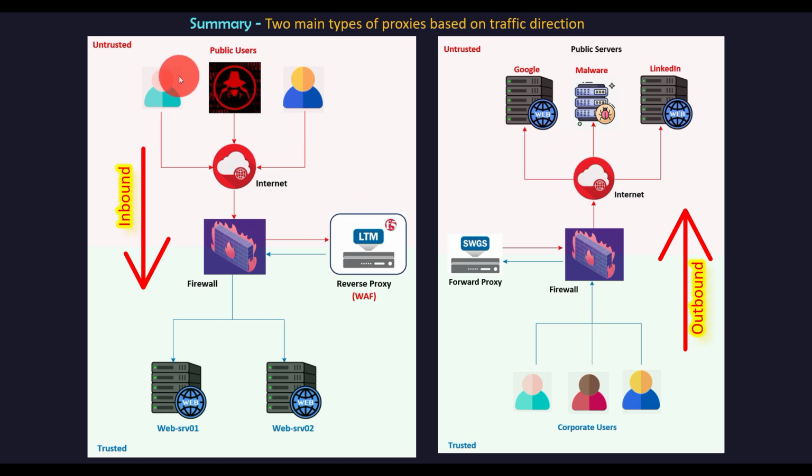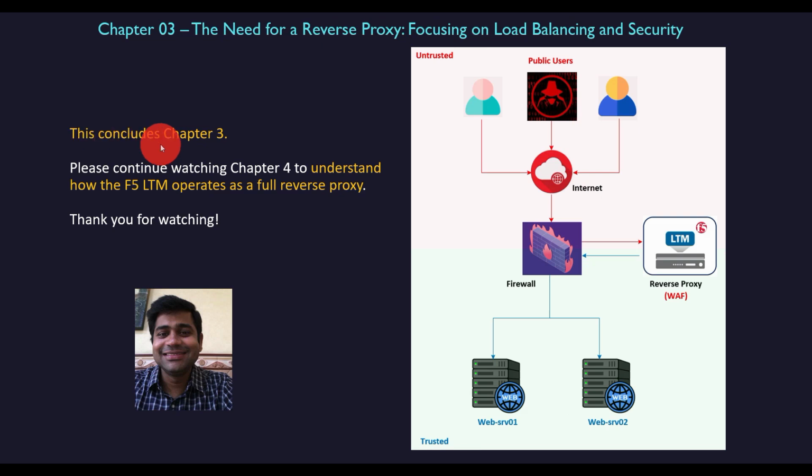If the traffic is inbound, untrusted clients connect to our trusted servers. In this case, we need a reverse proxy to act on behalf of the web servers and protect them from the bad actors. This concludes our chapter 3.